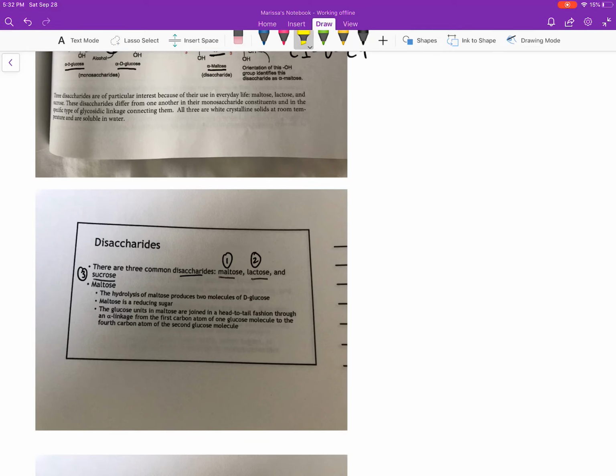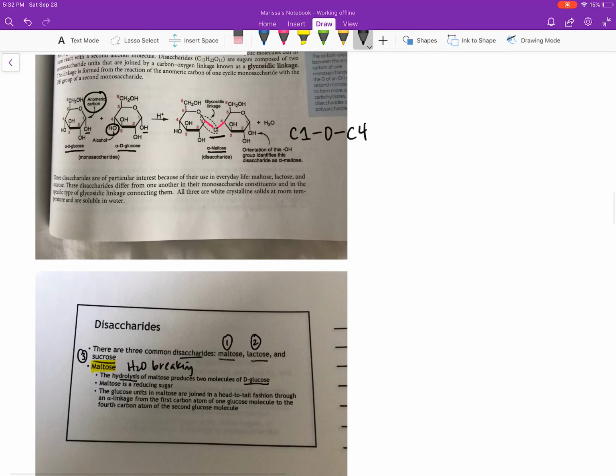So the first one that's on here is maltose. Maltose is formed by the hydrolysis, if we were to take maltose and break a water bond, so that's what hydrolysis means, it's H2O breaking with water, it's going to produce 2 D-glucose units, which is what we saw up here, okay?